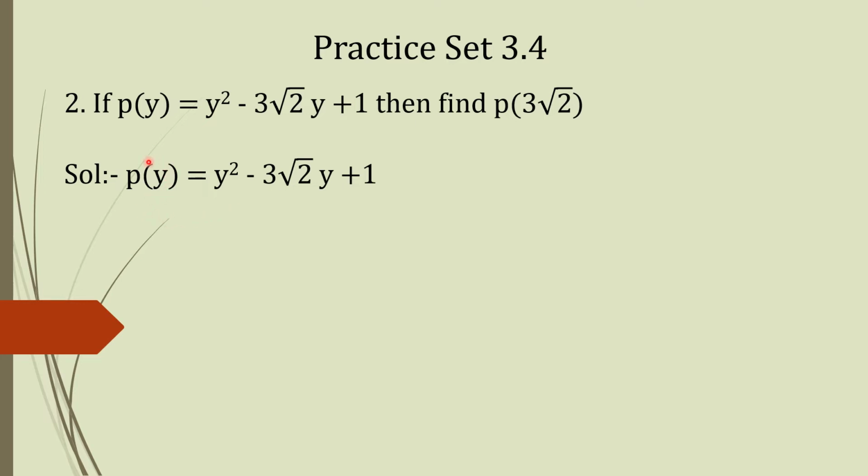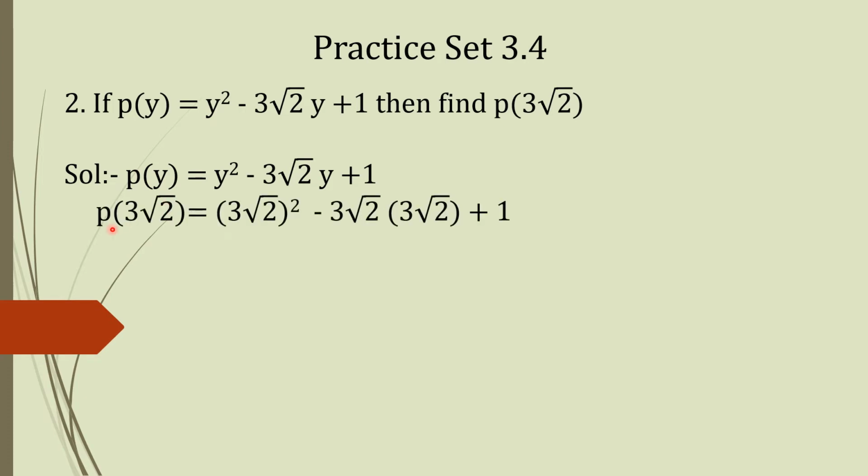In place of this variable y, you'll replace it by 3 root 2, that is p of 3 root 2 equal to. So y square will become 3 root 2 the whole square, minus 3 root 2, we'll write as it is, where you replace y with 3 root 2, and then plus 1.